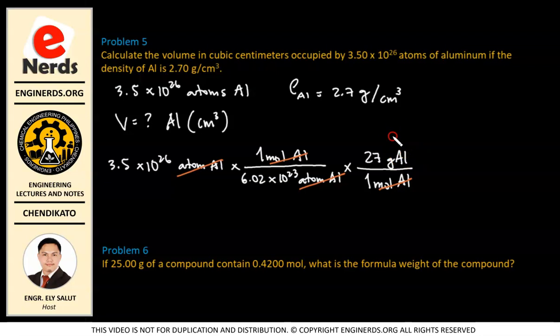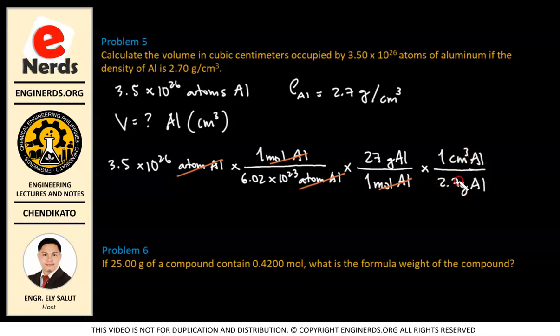All right, so now we have the mass of aluminum, but we need to find the volume. So we can use the density of aluminum in order to find out the volume. Let us proceed here. We're going to multiply this by the density, in which for every 2.7 grams of aluminum, we have 1 cubic centimeter of aluminum.